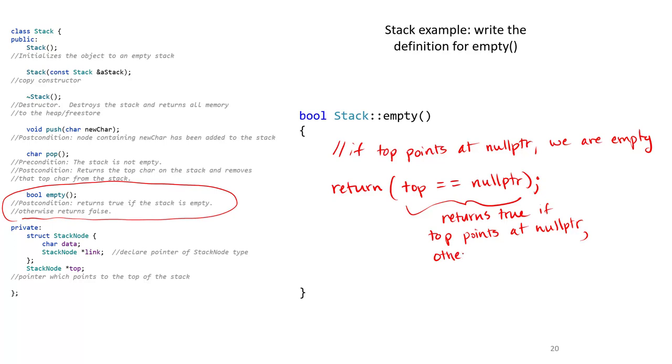Otherwise, it will return false. It would also be acceptable to just use an if-else statement here, but you'll see that seasoned programmers will often just use a single line of code here because this single return statement does the same thing as that if-else statement would.